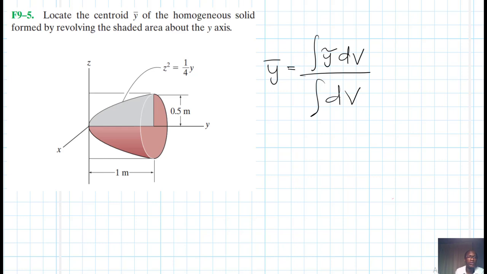And we know that our dV in this particular case will be equal to pi r squared dz, right? And this will be where r is also equal to z.